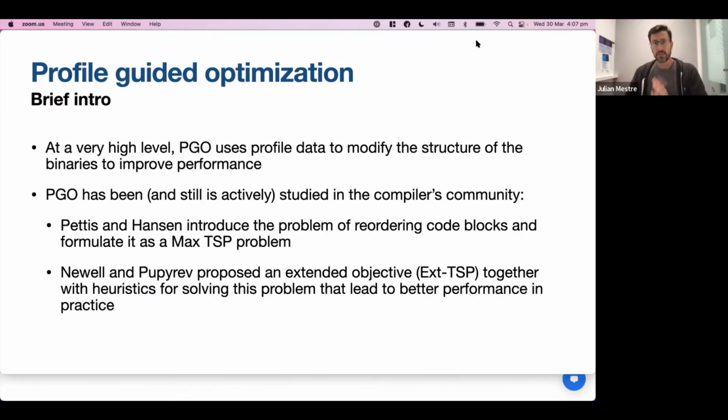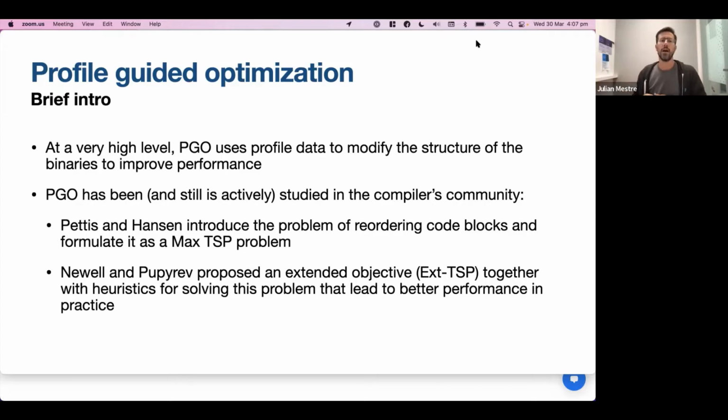So in this control flow graph, right, you have a lot of freedom in how the blocks are laid out in memory. And the idea is that if you lay them out in a way that you tend to have sequential executions, then that will lead to fewer cache misses.